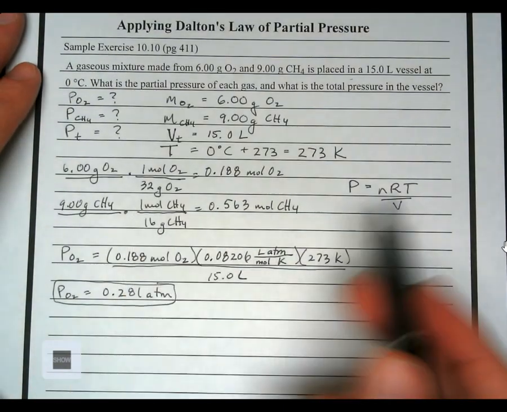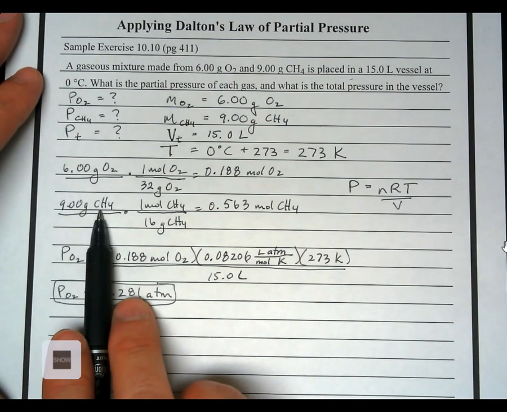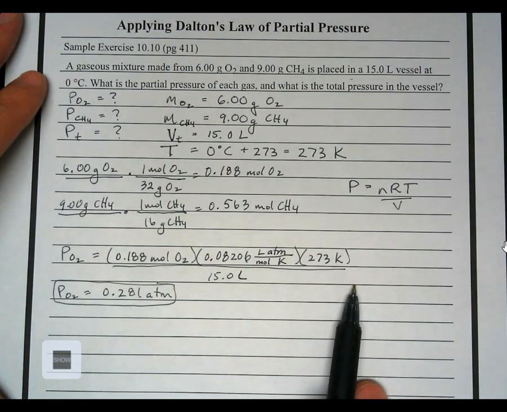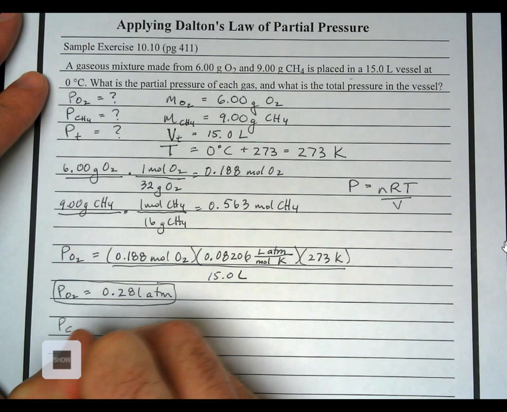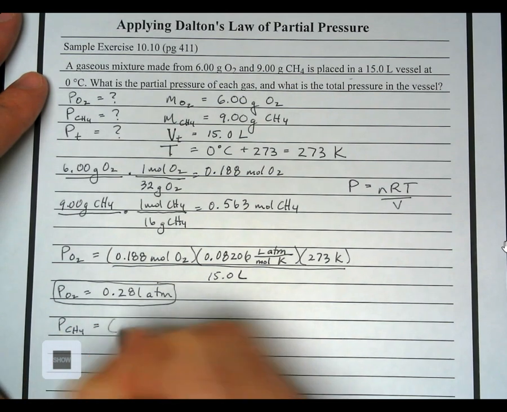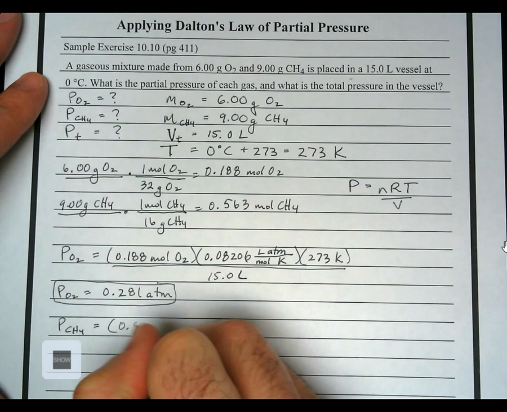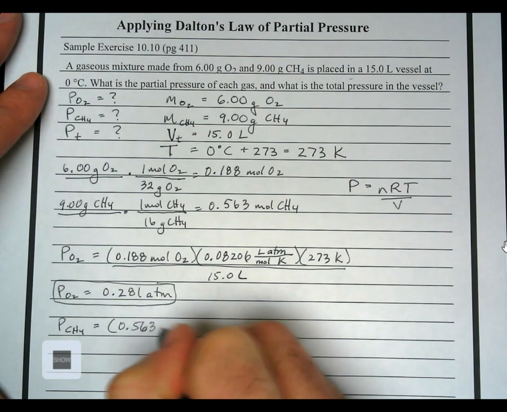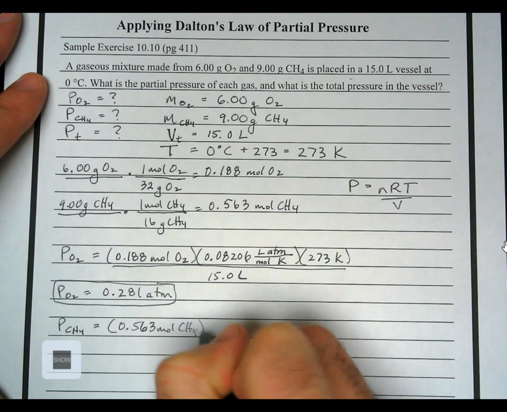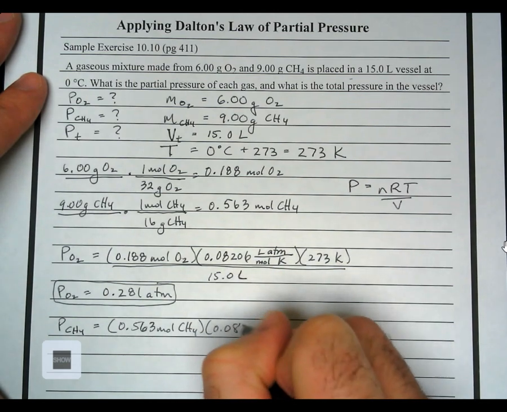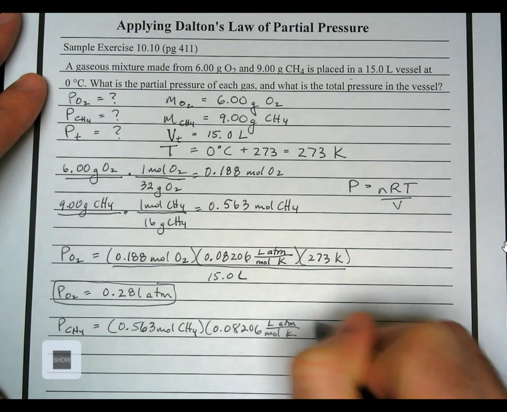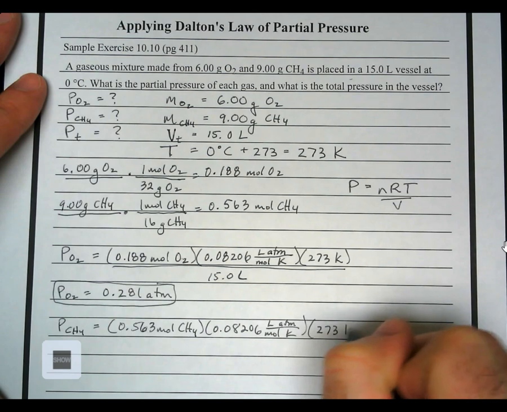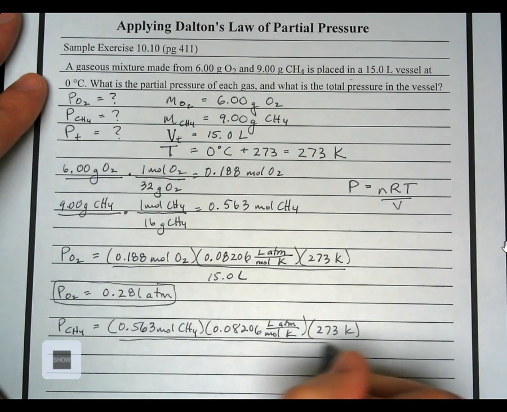All right, we're going to do the exact same thing with the CH4. Everything is going to stay the same. The only thing that's going to change is our moles. So the pressure of the CH4 is going to be the moles of CH4, 0.563, and then everything else, 0.08206 liters atmospheres over moles K, 273 K over 15.0 liters.